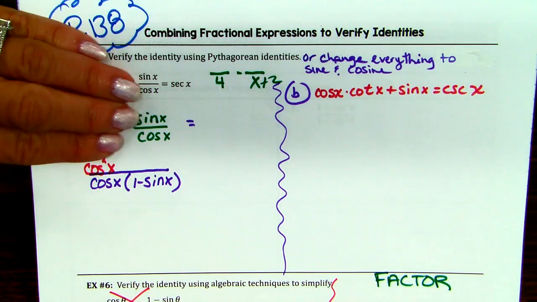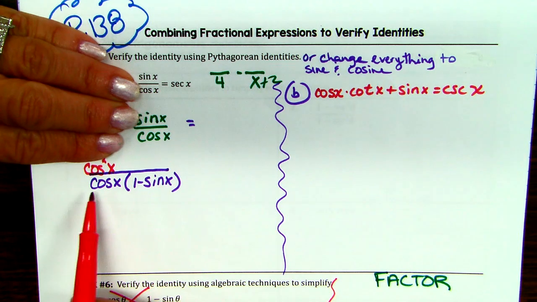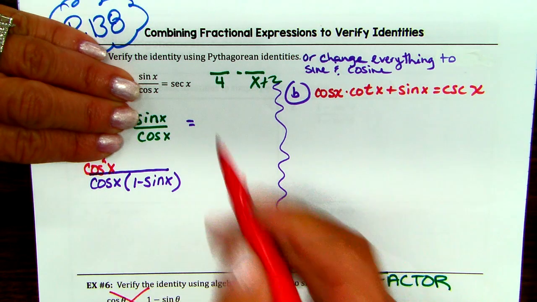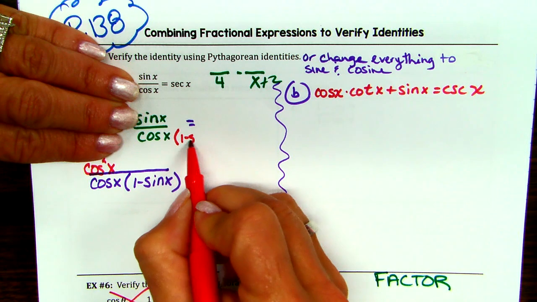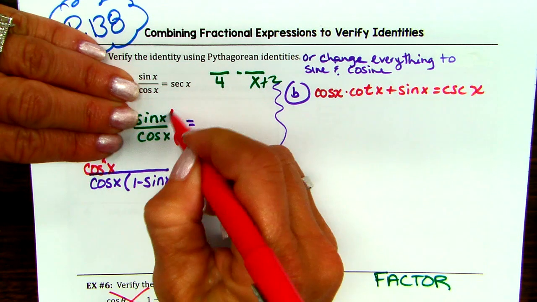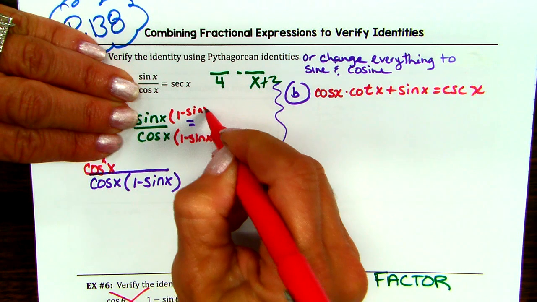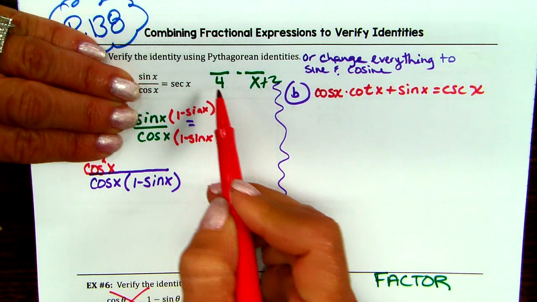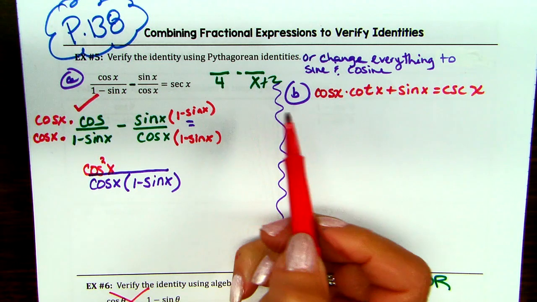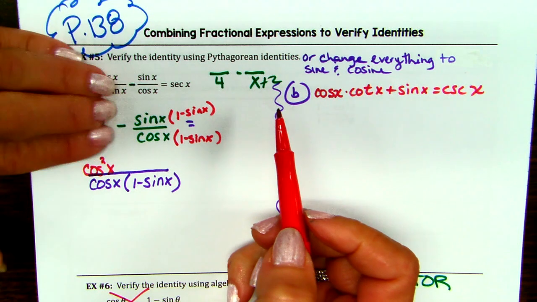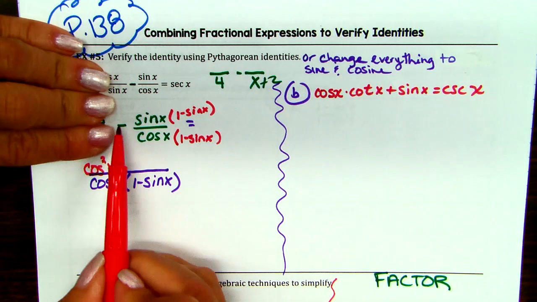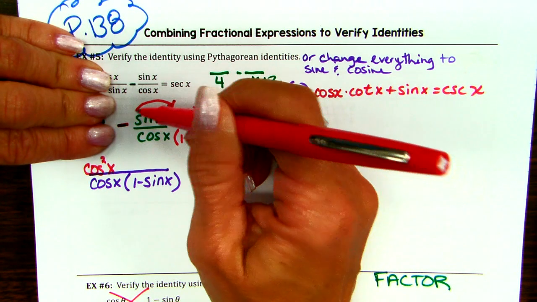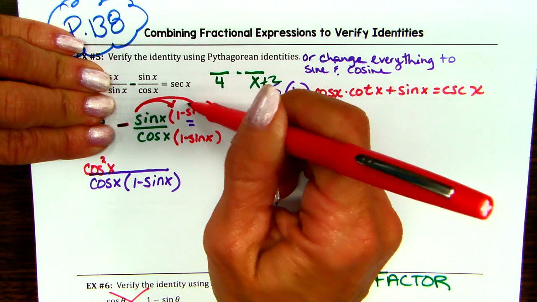Look at the second fraction. I want my denominator to have both of those, so it's missing, let me use red, 1 minus sine x. Right? I can do anything to the denominator, as long as I do it to the numerator. So don't look away, look right so you can see. I'm distributing negative sine x to 1 and negative sine x to negative sine x.